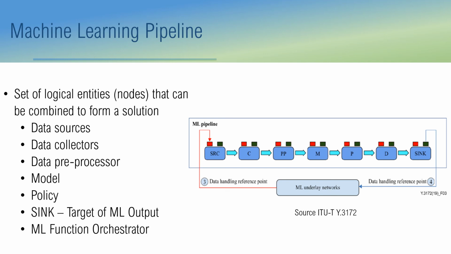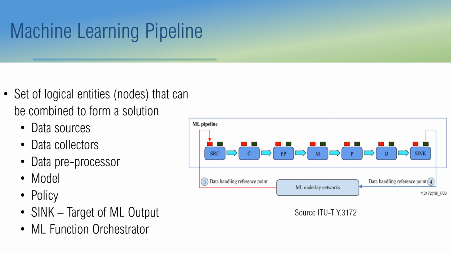So it is not practical that all the nodes will be from the same company and will be deployed together. So that is why it is important that these nodes follow well-defined interfaces and data formats. Then it will be easy to connect the machine learning functions or nodes to form a complete machine learning pipeline.